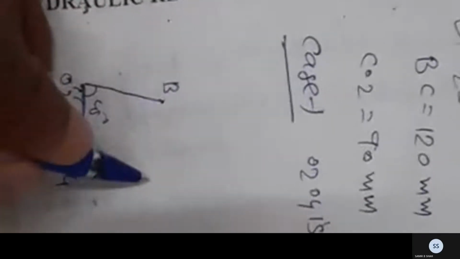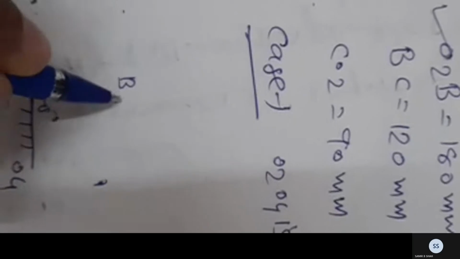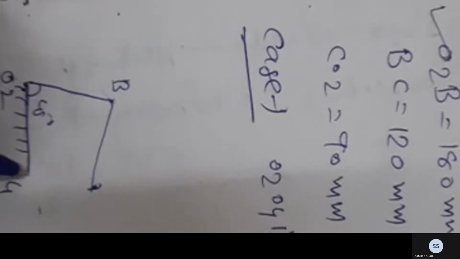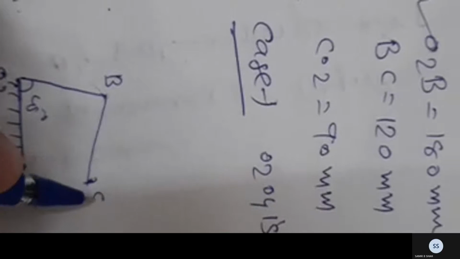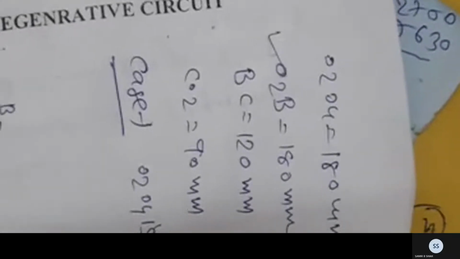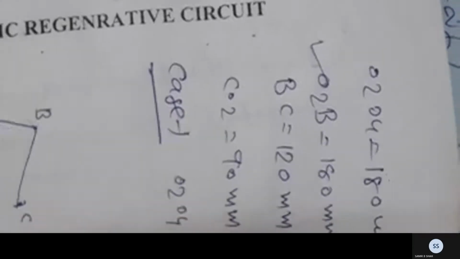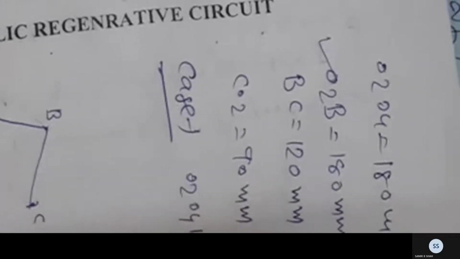Now we require point C. Definitely we know that BC is equal to 120 mm, so from this point we draw an arc here, and then from point O4, O4C, or we can say CO4, which is given to us as 90 mm.